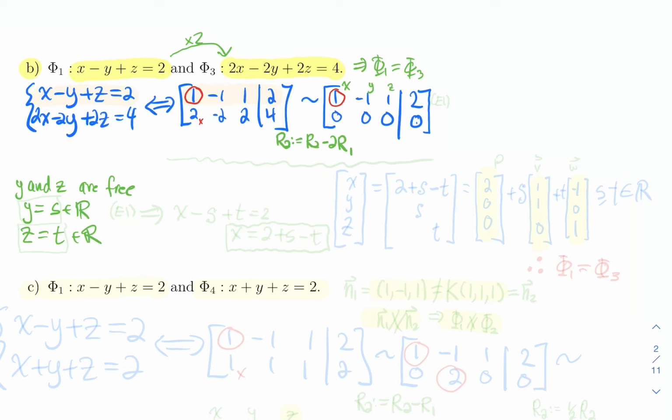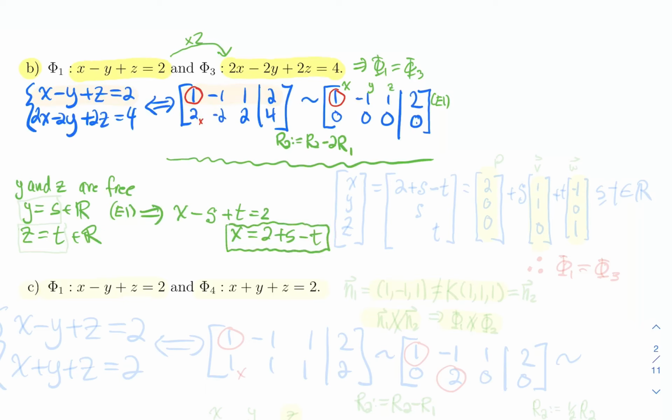Then using the first equation, if I'm calling the first row equation 1, equation 1 leads us to x minus y, which is minus s, plus z, so plus t, is equal to 2. So if you isolate x, you get 2 plus s minus t. So we have an equation for x.